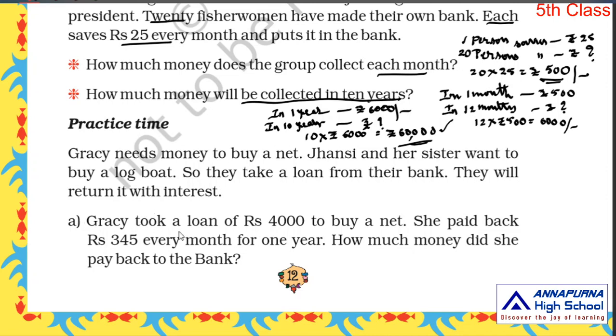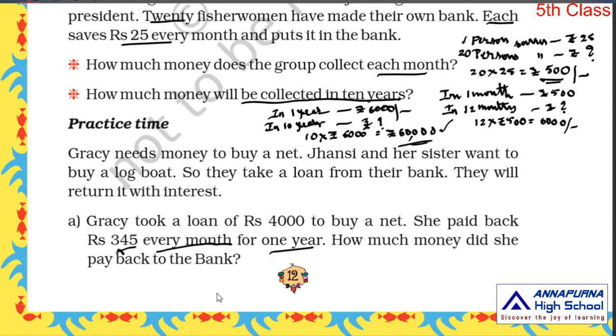The question is, Gracie took a loan of 4,000 rupees to buy a net. She paid back 345 rupees every month for 1 year. How much money did she pay back to the bank?